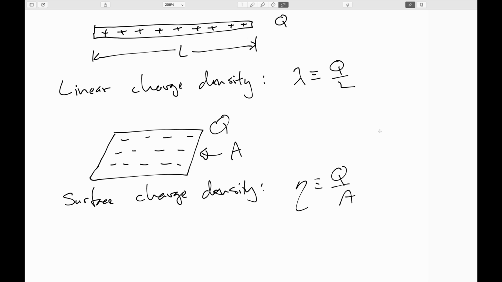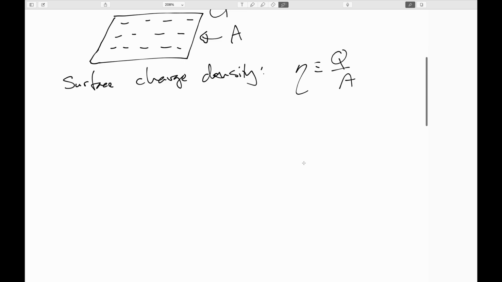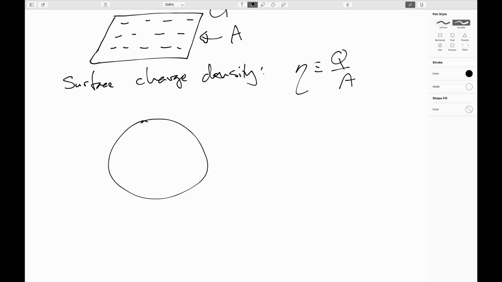And then finally, if we have some charge distributed uniformly in 3D, we can again do the same trick. So say we got a ball of charge or something, and the charges are distributed all throughout. Well, then what would matter is the charge it holds, Q, and the volume it occupies.